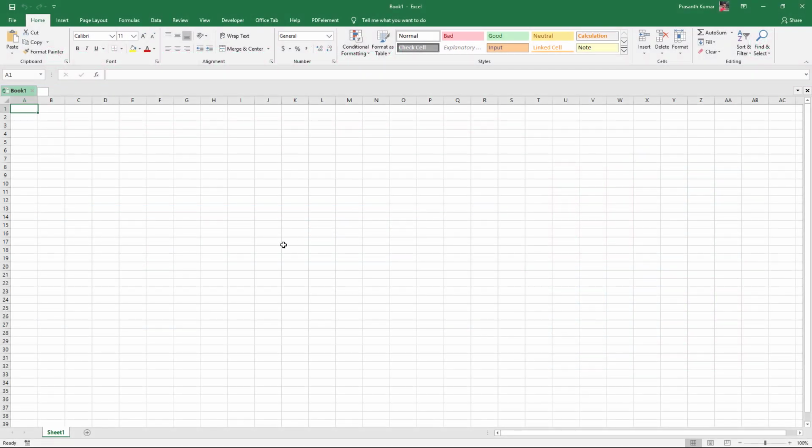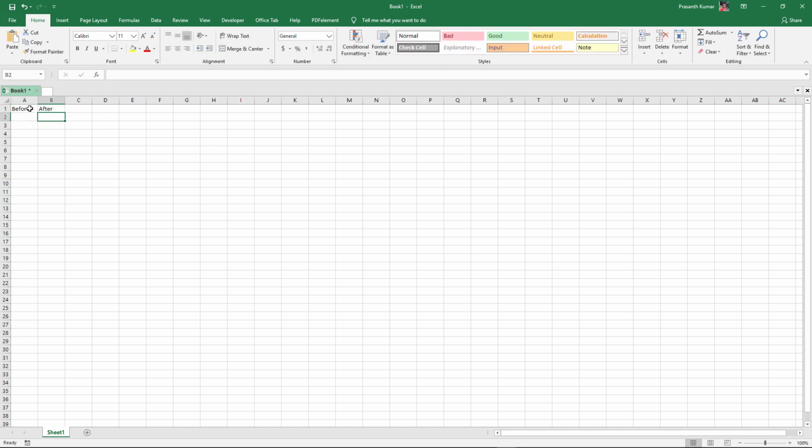Open Excel. Here I am going to create 2 columns for recording the responses of the customers. The first column is before advertisement and the second column is after advertisement. Before and after.